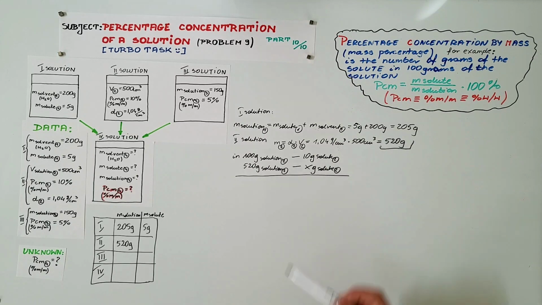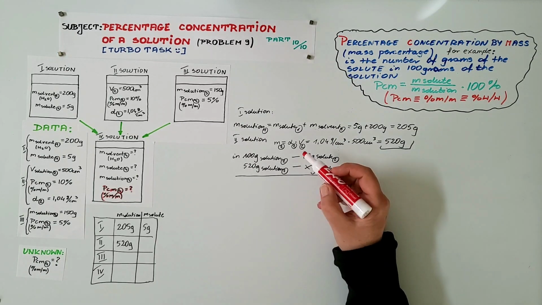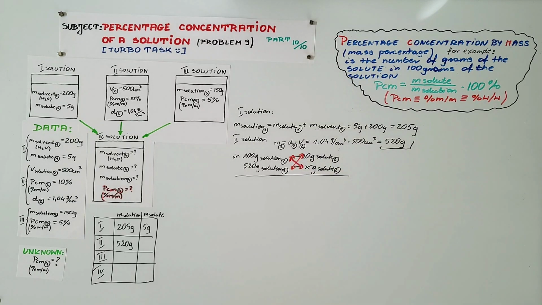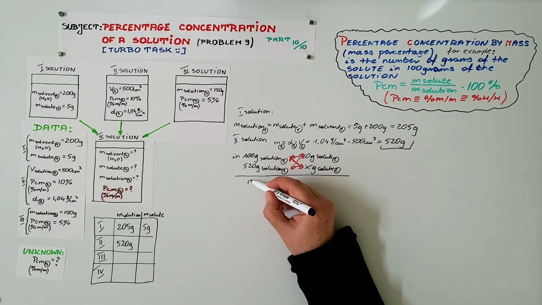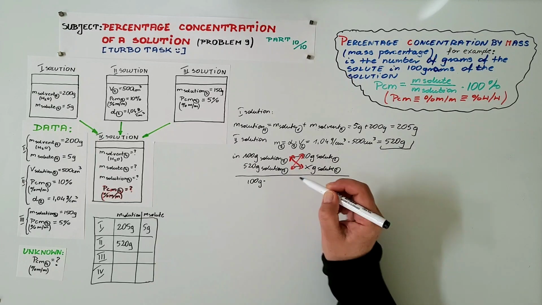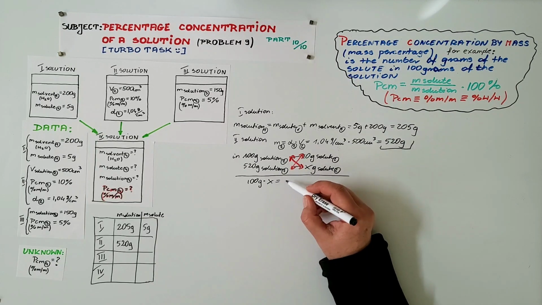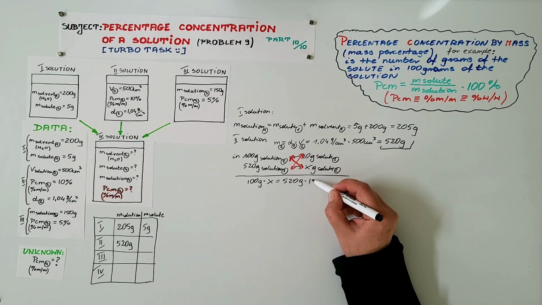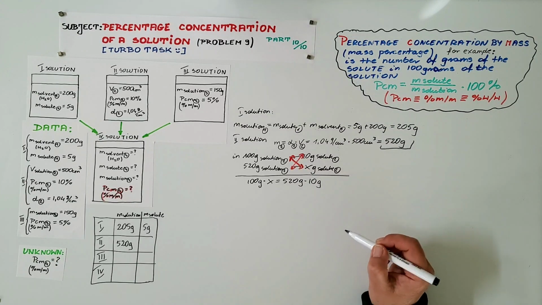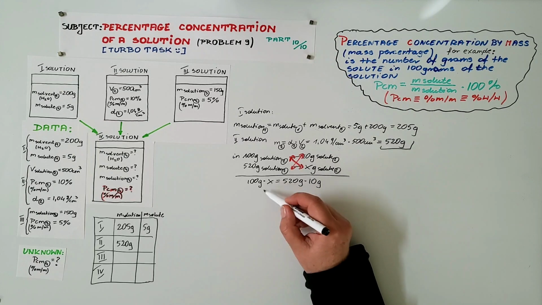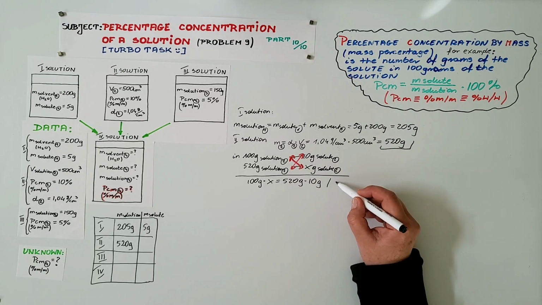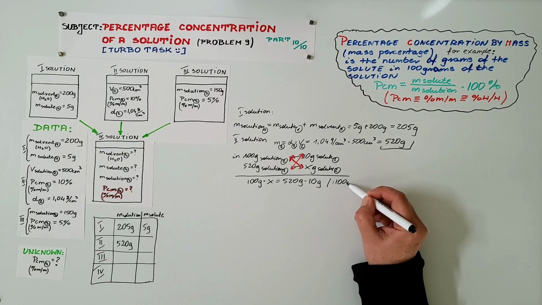How to calculate X? By cross multiplying this proportion. So 100 grams times X equals 520 grams times 10 grams. To solve for X, let's divide both sides by 100 grams.